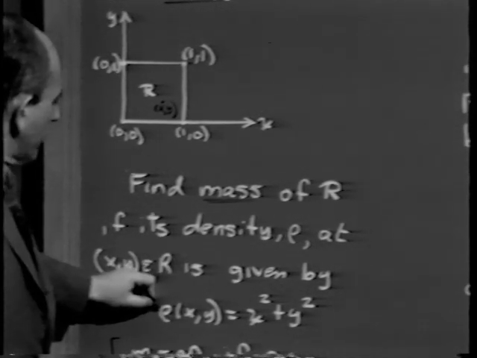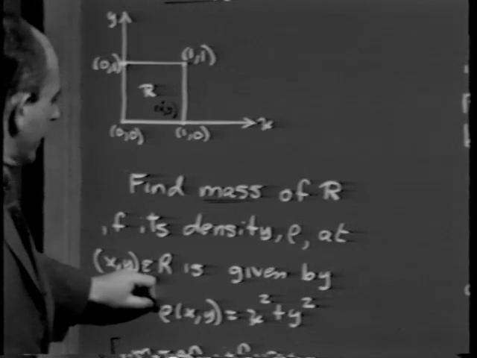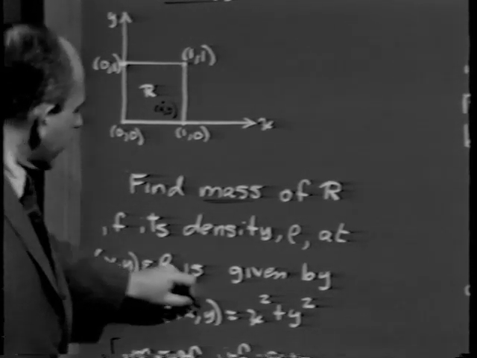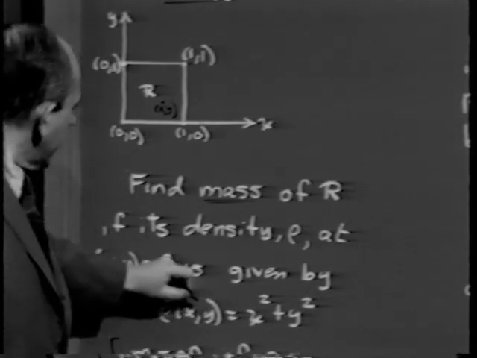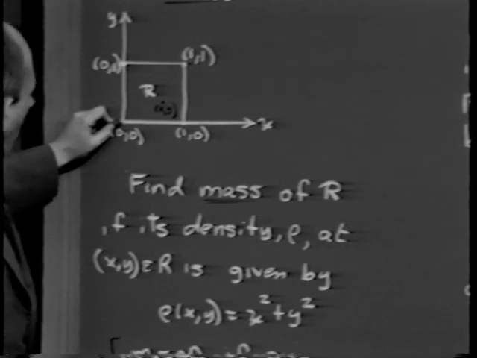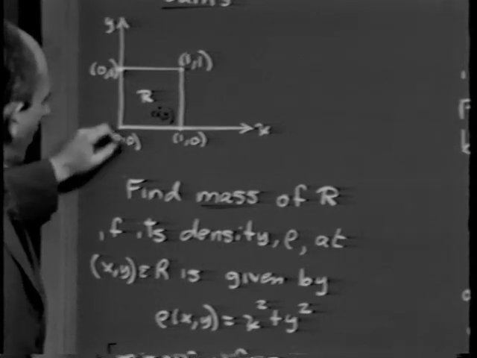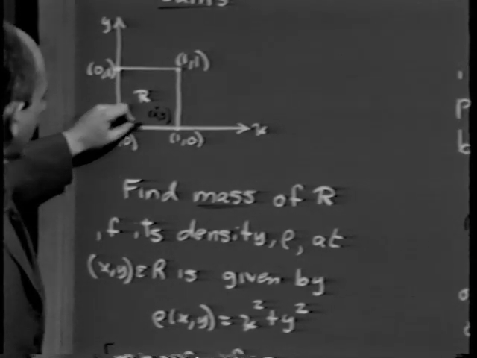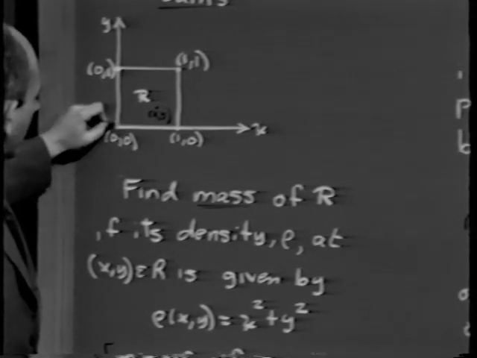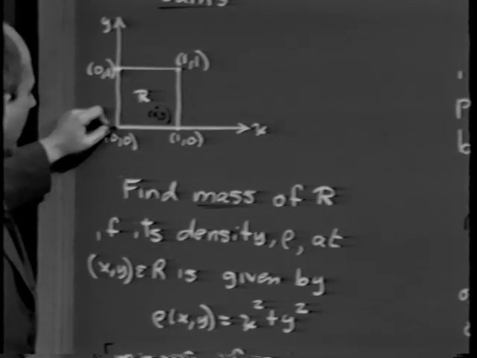Notice that if you want a geometric picture of what's going on here, the density is varying radially as we move away from the origin. In other words, the density is the square of the distance of the point from the origin, which means that the density is constant on any circle centered at the origin.